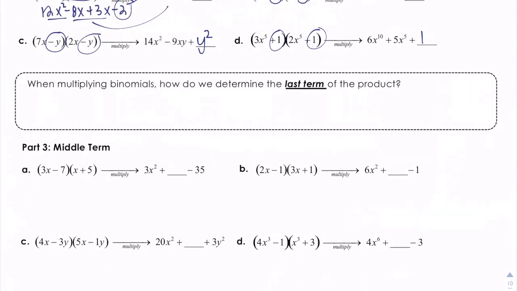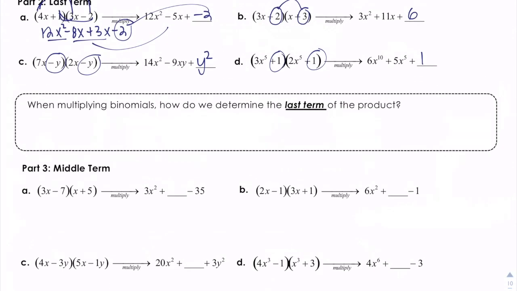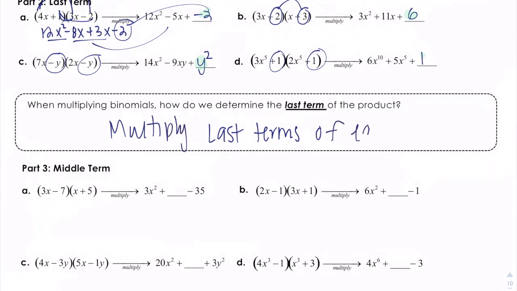So how do we determine what the last term is going to be? It looks like we always take the last terms and multiply them. So we multiply the last terms of each factor. That's another rule.